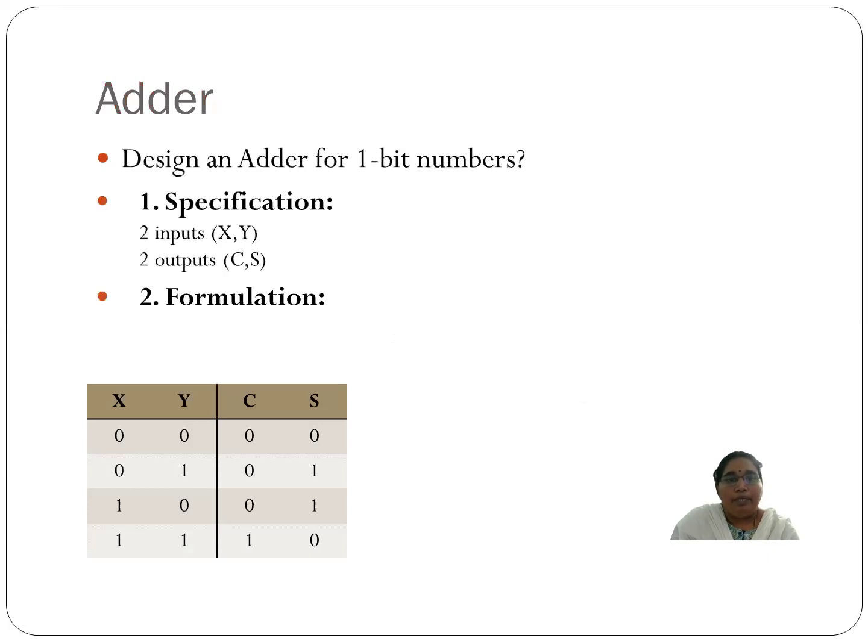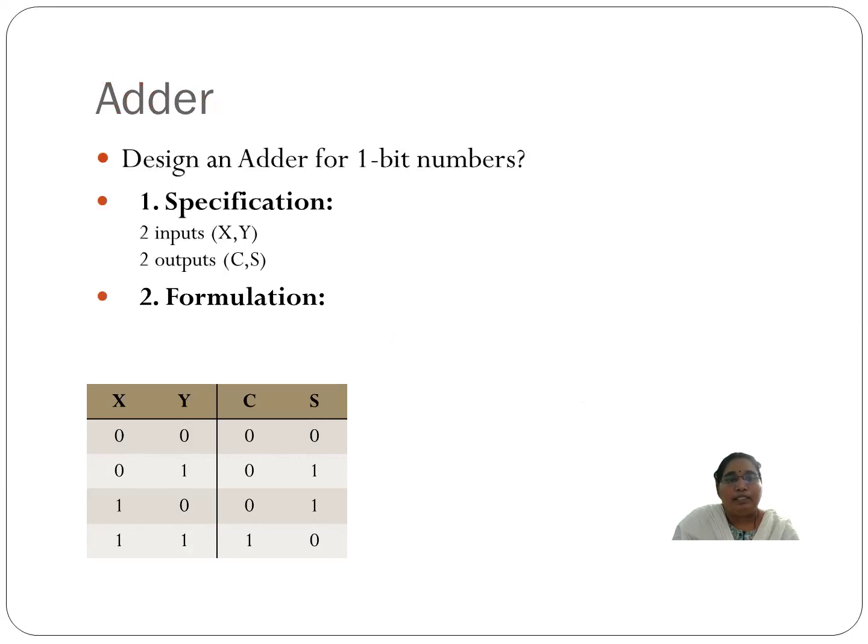So if we form a table for this addition, X and Y, these are the two 1-bit pieces of information. If these two bits are 0 and 0, the sum is 0 and carry is also 0.